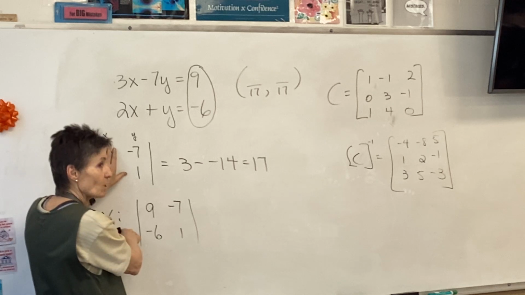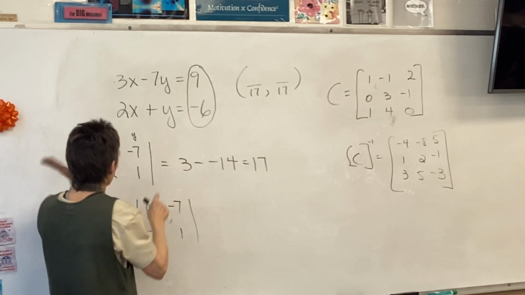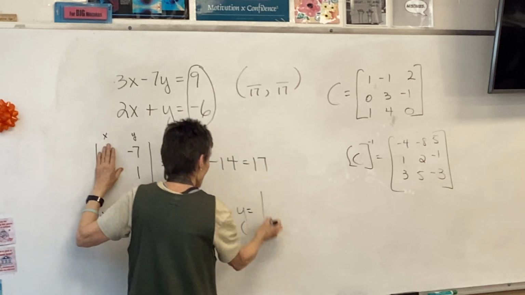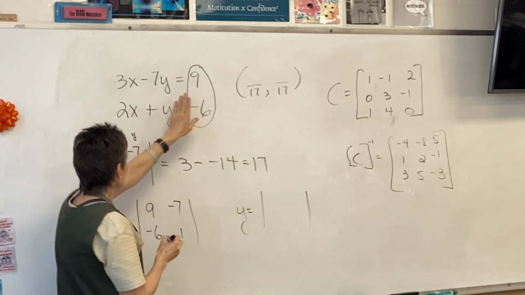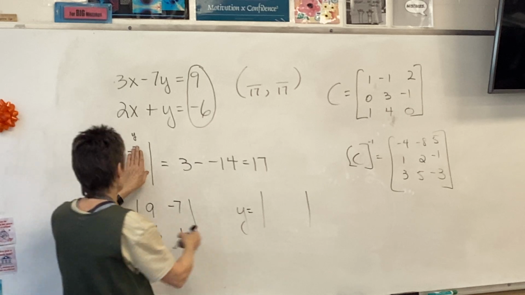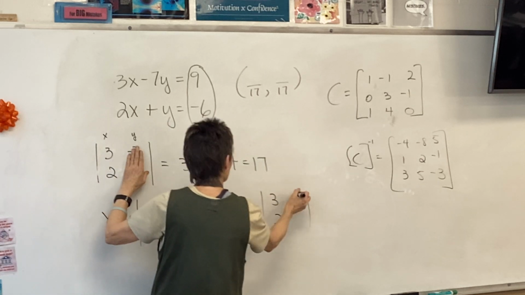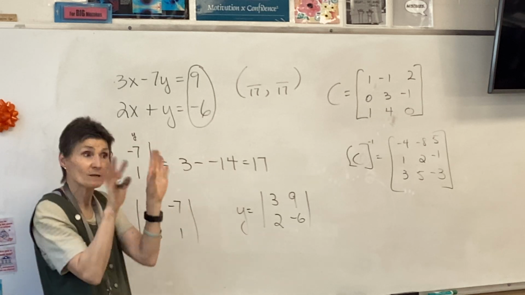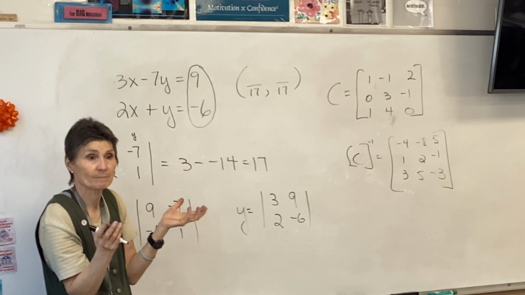So I'm solving for x, I paste on top of x. Then to do y, I will paste on top of y. So that'll look like 3, 2, 9, -6. Those 2 are going to be your numerators, and you're done.